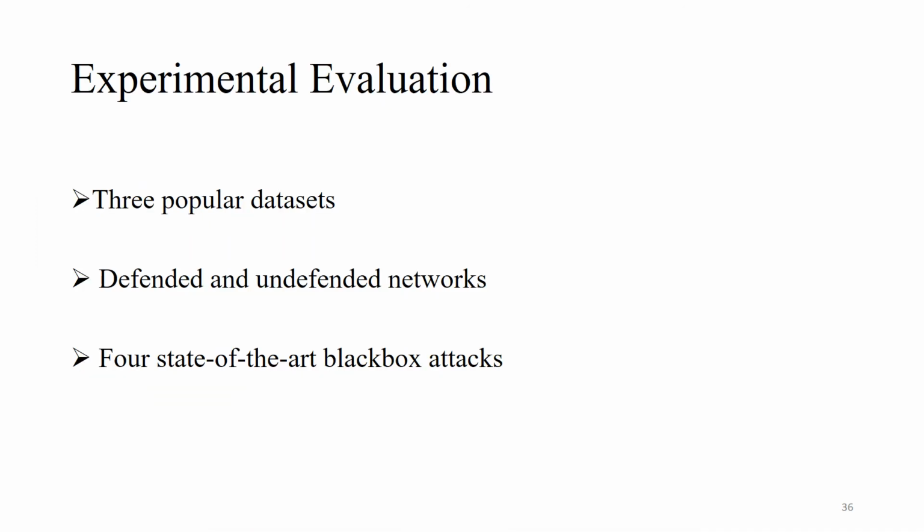We have evaluated DeepSearch against the 4 state-of-the-art black box attacks on 3 popular datasets. The metrics we have used in our experiments are attack success rate, average distortion rate, and average queries. In our experiments, we have attacked both defended and undefended networks.